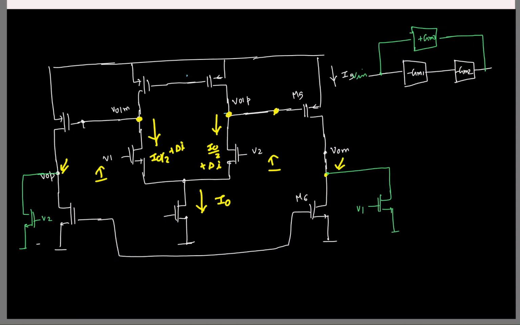It has to be 0, right? Only if one increases and the other decreases, then you can have I naught by 2 plus delta I and the other can be I naught by 2 minus delta I. Then KCL is valid, right? The moment you fix it at a constant current, the currents in these two branches are set to I naught by 2. So what can you say about the common mode response here?